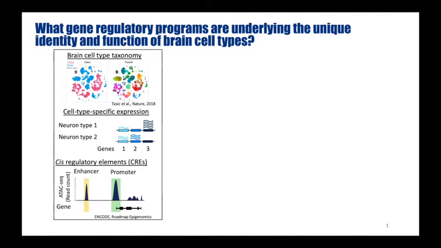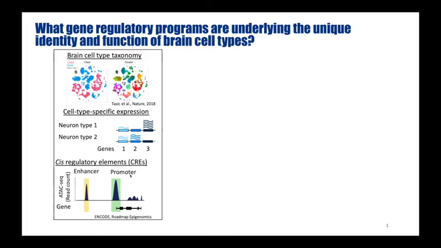So in our group, Dr. Bing Ren's group at UCSD, we are really interested in understanding the regulatory mechanisms of gene expression. That's why we are quite interested in mapping those cis-regulatory elements, which you may be familiar with as enhancers or promoters.